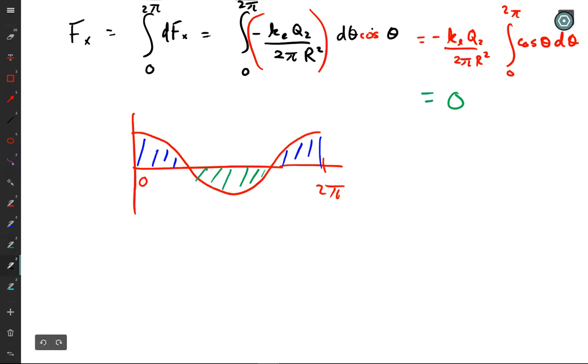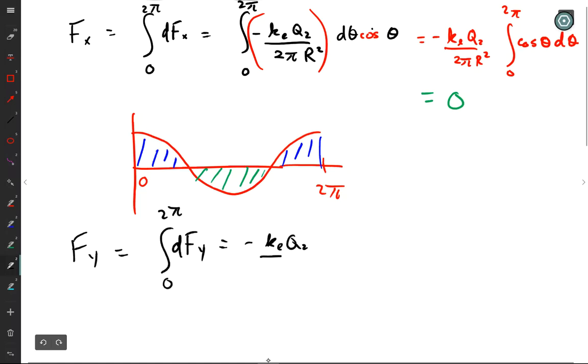Now let's go ahead and do the y direction. I believe that one has the sine. This time I'm putting the constants outside the integral right off the bat. And what am I going to get for this integral?